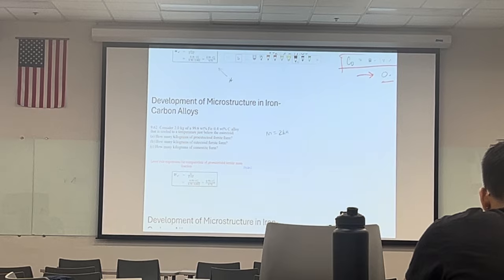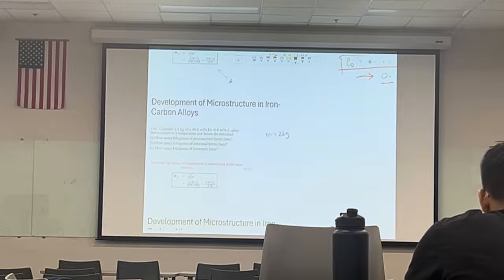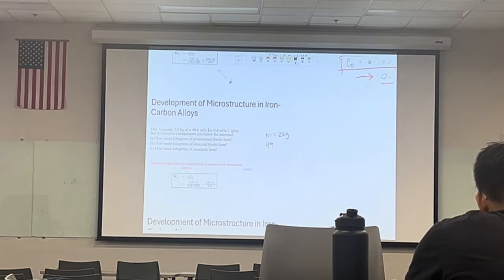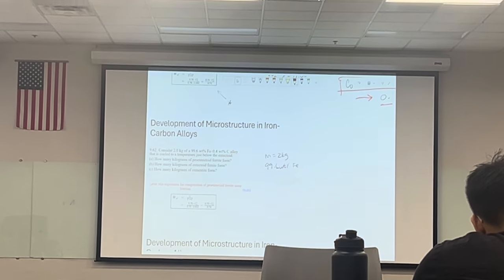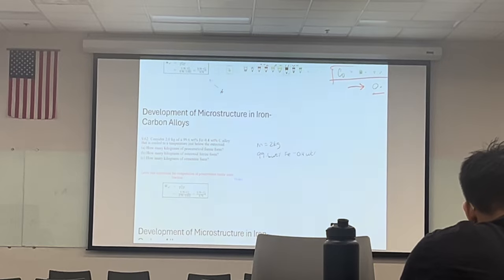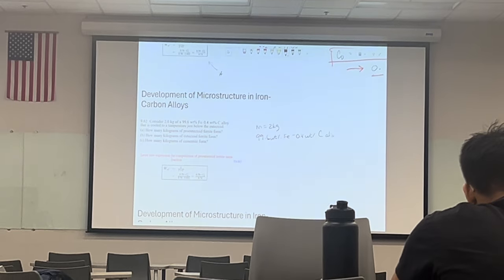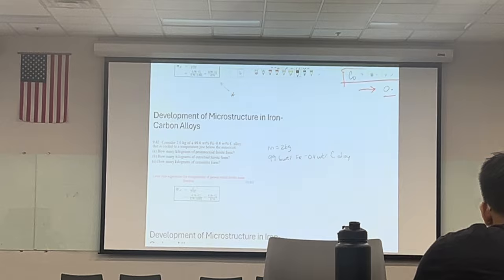So kilograms, 99.6% Fe, 0.4% carbon alloy, that's gold.